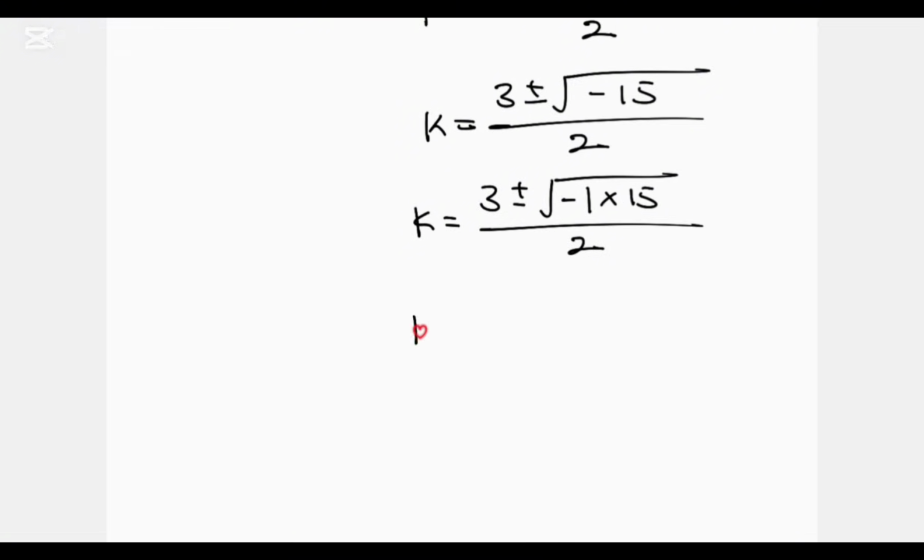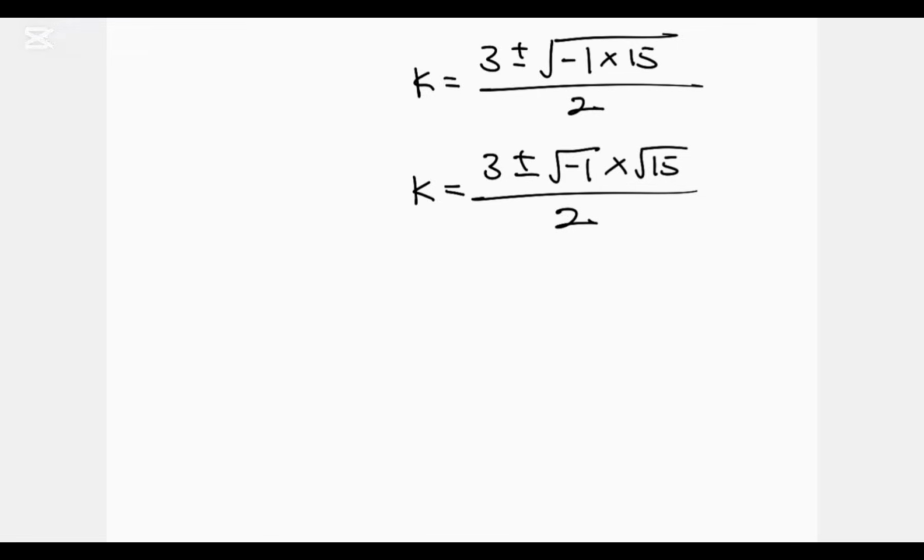Good. And then this becomes k equal to 3 plus or minus. Now we can split this. So this can be written as the square root of negative 1 times the square root of 15, all over 2. Very, very good. And now we're getting close to our solution. So this becomes k equal to 3 plus or minus.